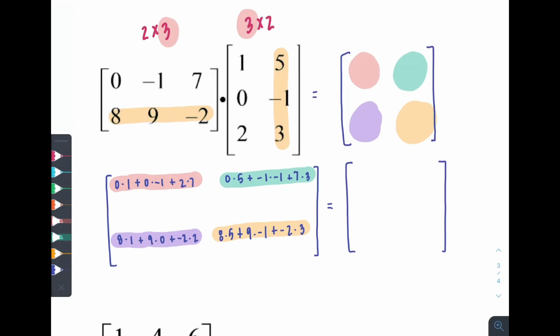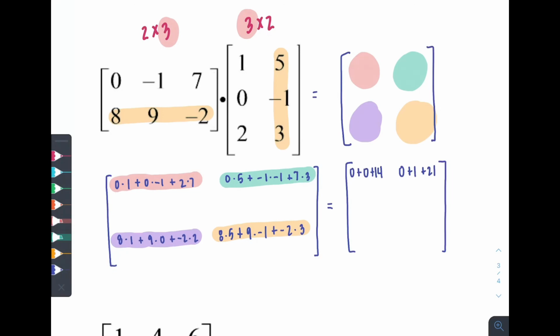So 0 times 1 is 0. 0 times -1 is also 0, and then 2 times 7 is 14. 0 times 5, we're on this one here, 0 times 5 is 0. -1 times -1 is 1, and then 7 times 3 is 21.